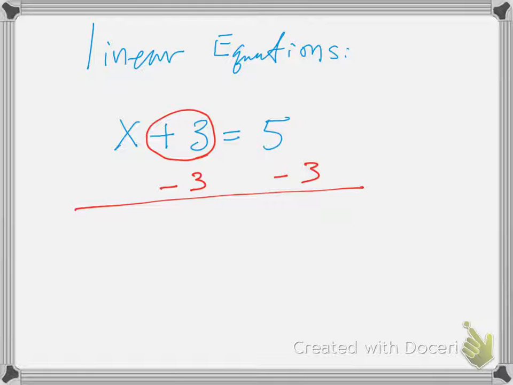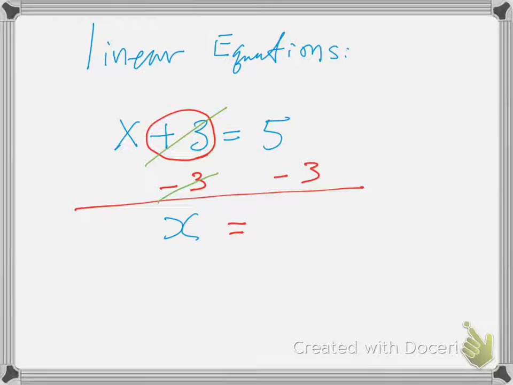Each time you solve an equation, you write down the equal sign first to write a new equation. On the left, positive 3 and negative 3 cancel. Positive 3 plus negative 3 is 0. We only have the letter x.